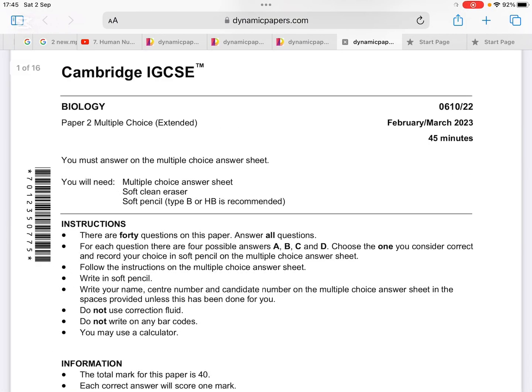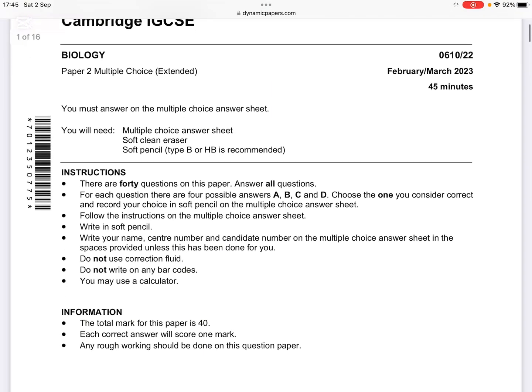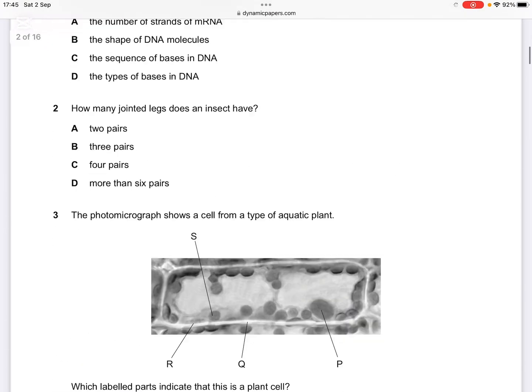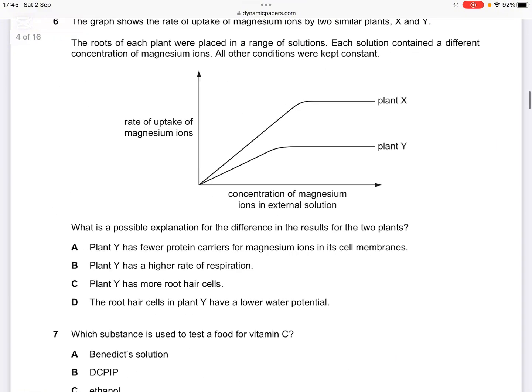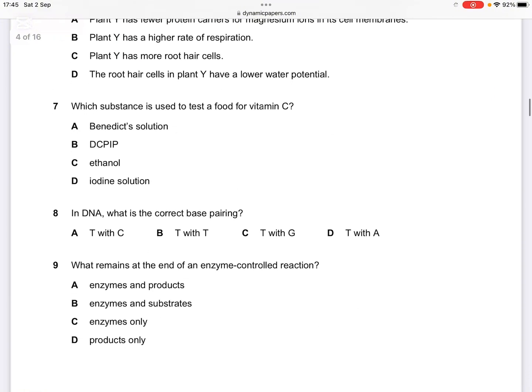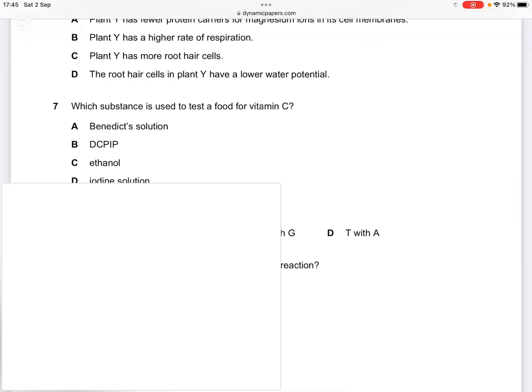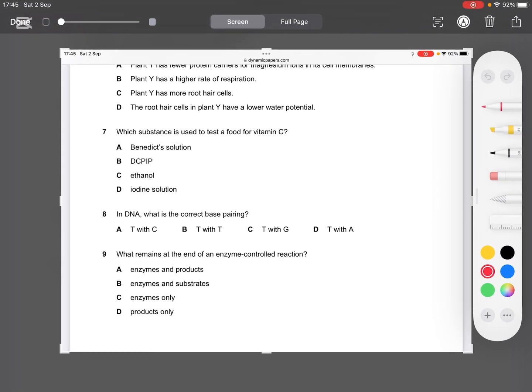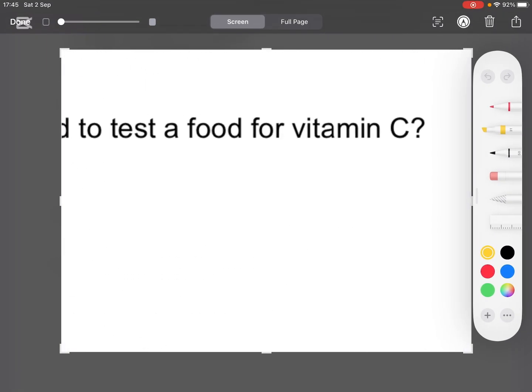Now we're going to have the class paper to solve, which is February or March 2023. We have here the test for vitamin C, and I told you guys before.